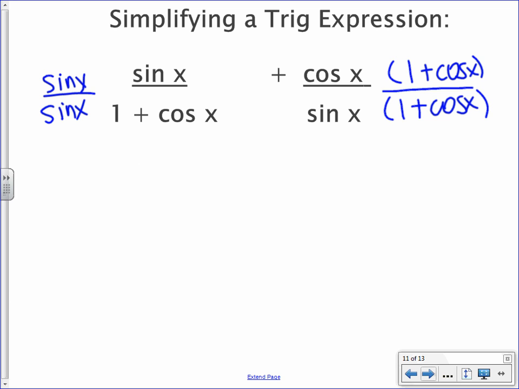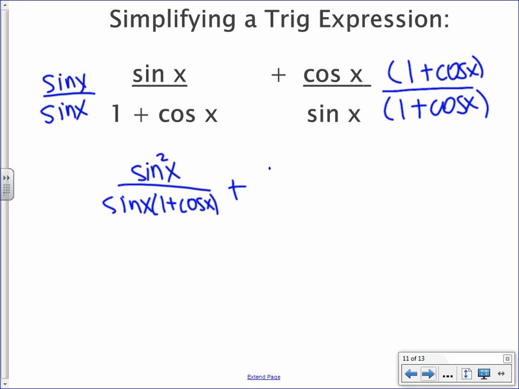So what we have is sine x over our common denominator. Oh, thank you, sine squared.